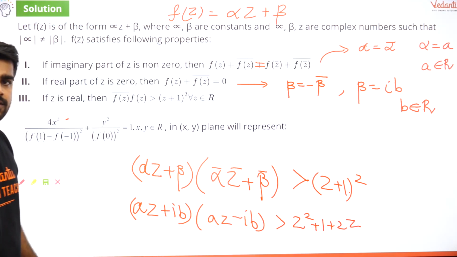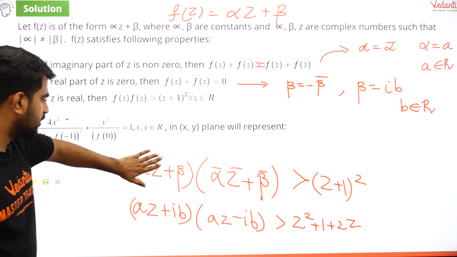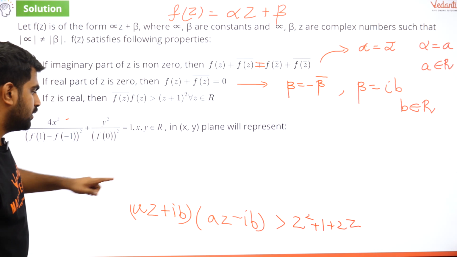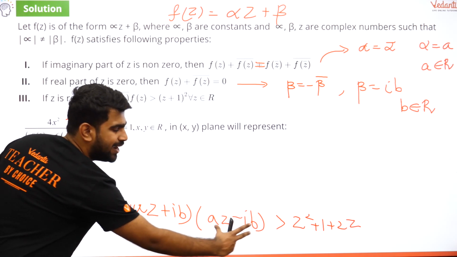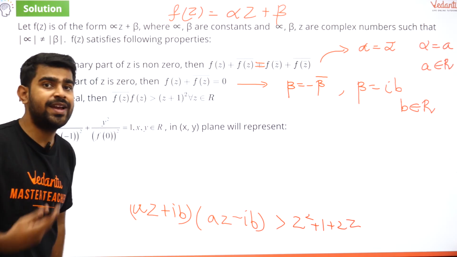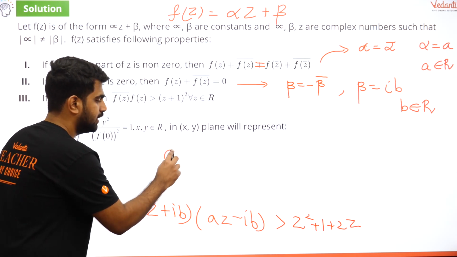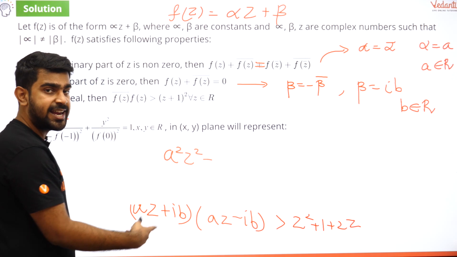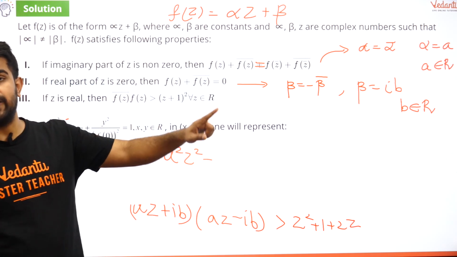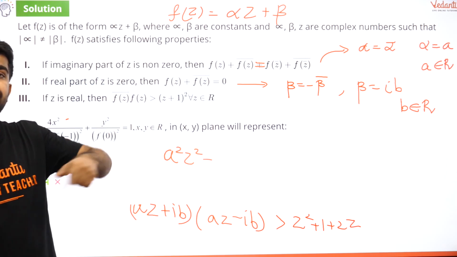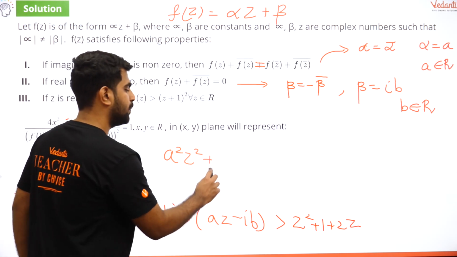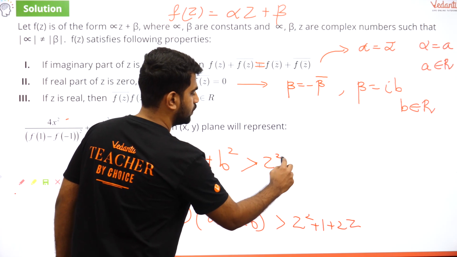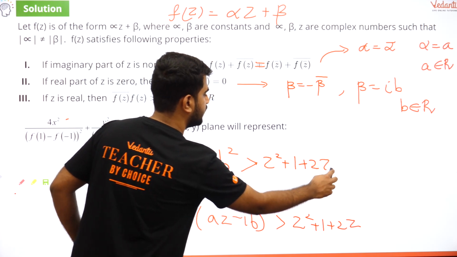Is that clear, guys? Now let me erase this part because I don't have space to solve. Now this is A plus B into A minus B. So what is A plus B into A minus B? It is nothing but A square minus B square. So minus of I square B square. So minus of I square will become plus. So it will become plus B square is greater than Z square plus 1 plus 2Z.